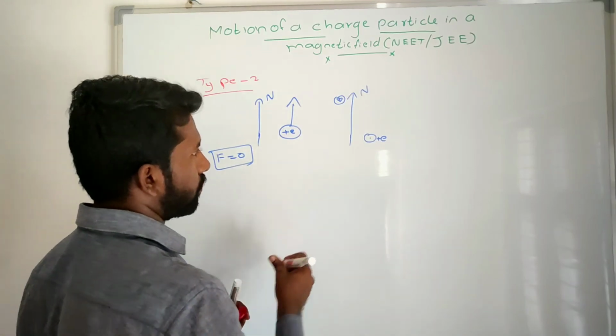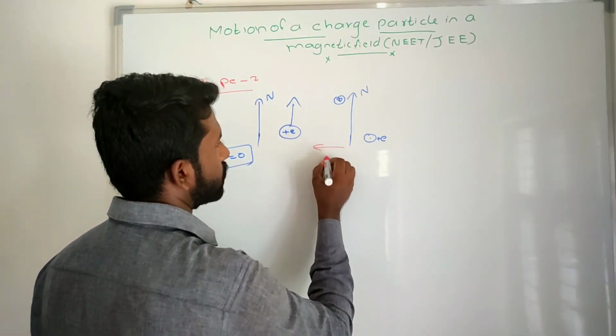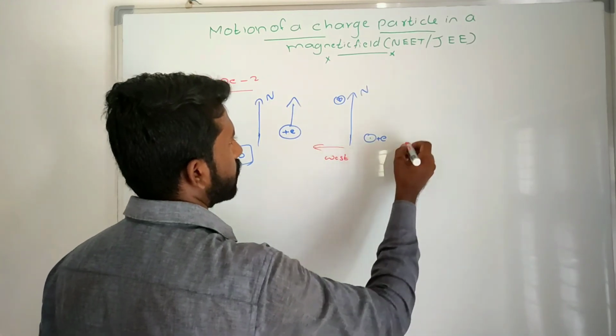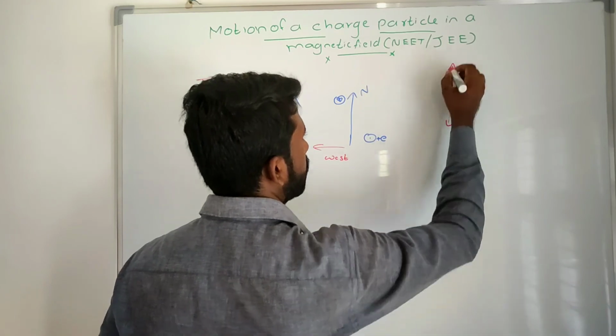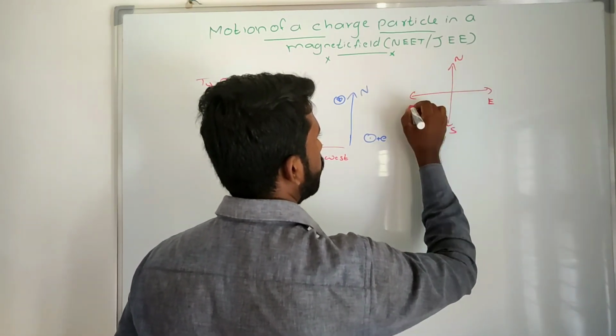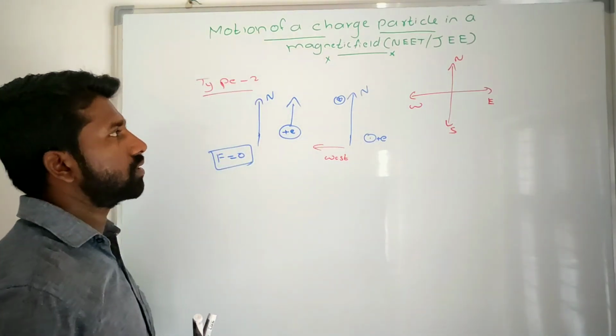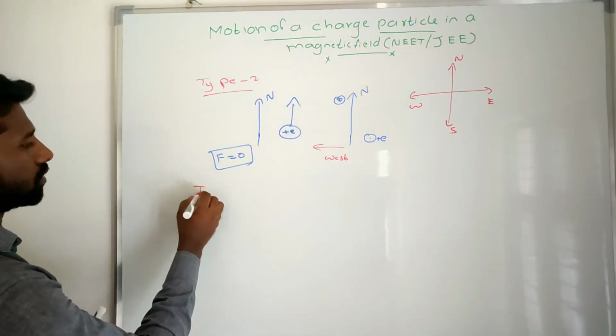So we can get this west direction. Directions we can take like this: north, south, east, west. This is the type 2 problem, and next we will discuss type 3.